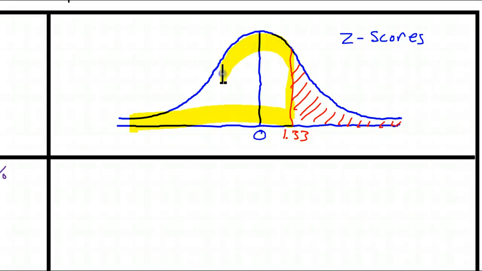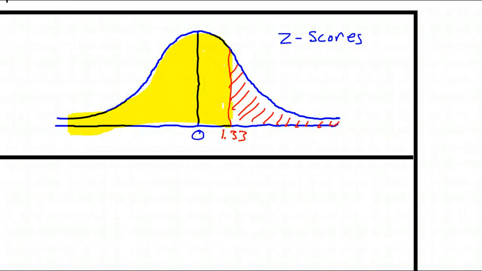That's all it knows. So when we looked up that value and we got 90.82%, it was giving us the left, but the left is not what we wanted.